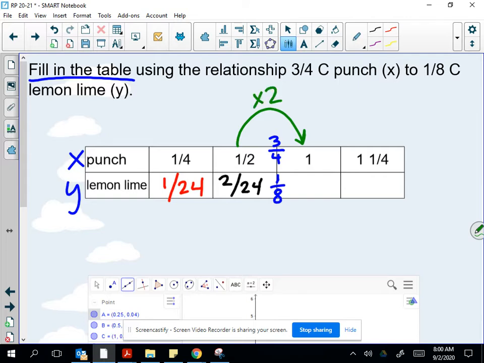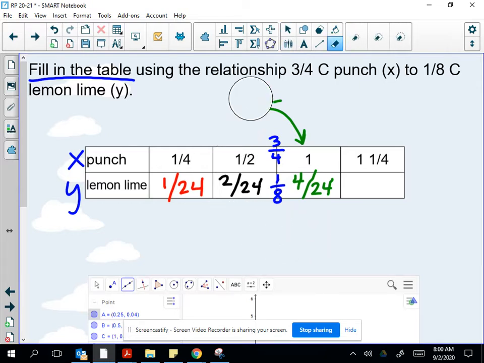In other words, 1/2 times 2 equals 1. Keeping it equal, I'm going to multiply the 2 24ths times 2 also. So 2 24ths times 2 would give me 4 24ths. And now at the end, I'm left with getting to 1 1/4.